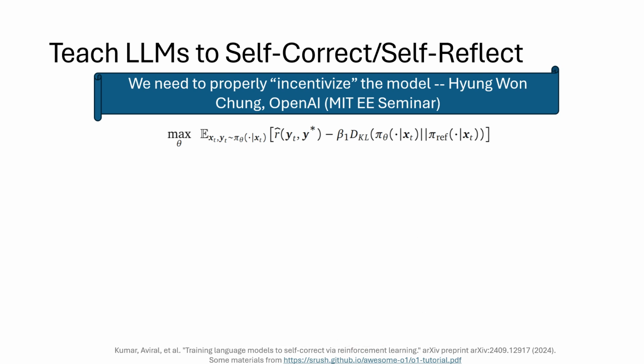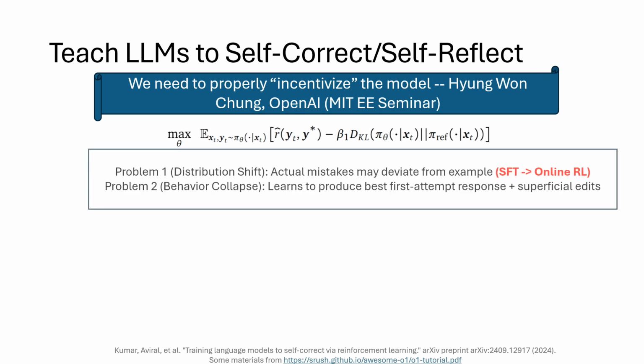But if we only optimize this objective, we will suffer from two problems. One is distribution shift. This means the actual mistakes that the model needs to correct at deployment time may deviate from the training examples that they see. So I guess this points to some straightforward solution that we need to shift from supervised fine-tuning to some online reinforcement learning approach or some other iterative approach.